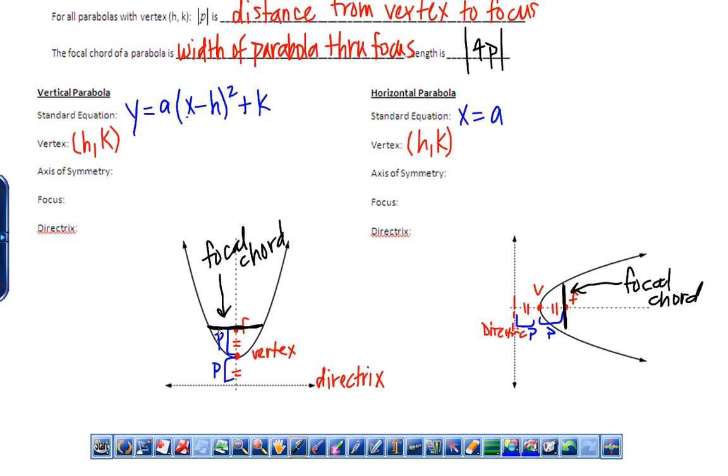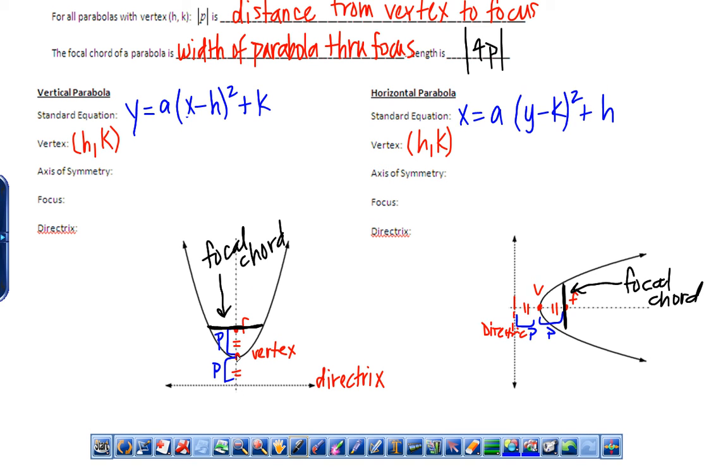Basically, your a tells you how skinny, how fat, and then if it's facing up or facing down. Your a value, this is going to be y minus k quantity squared, and then your h is on the outside. And if you notice, you have a plus here. And then your normal goes to the right, your negative will go to the left. Your normal's up, your negative goes down.